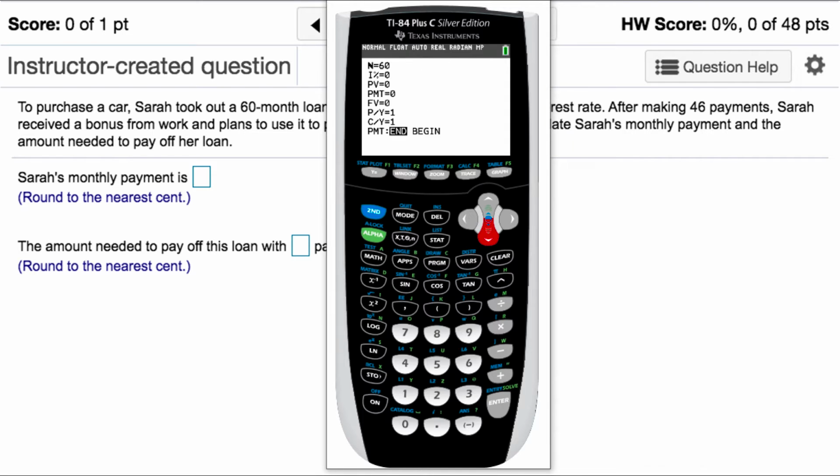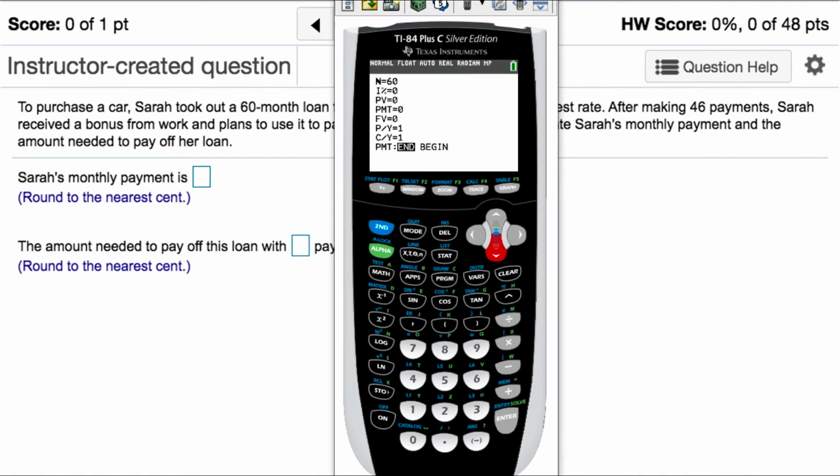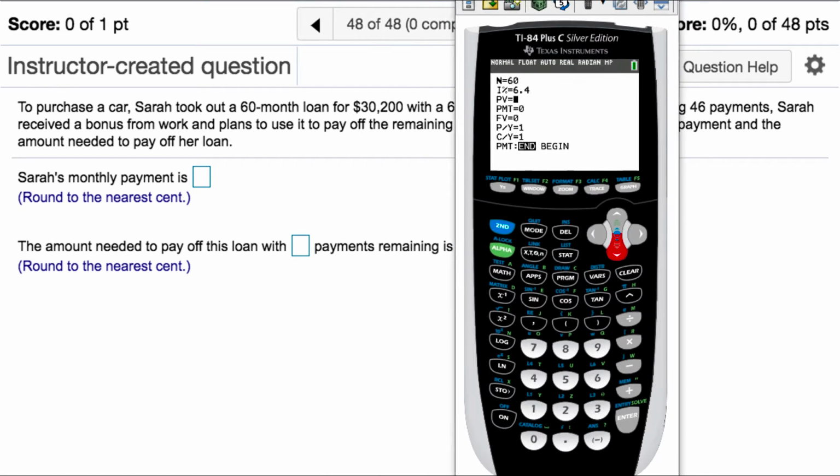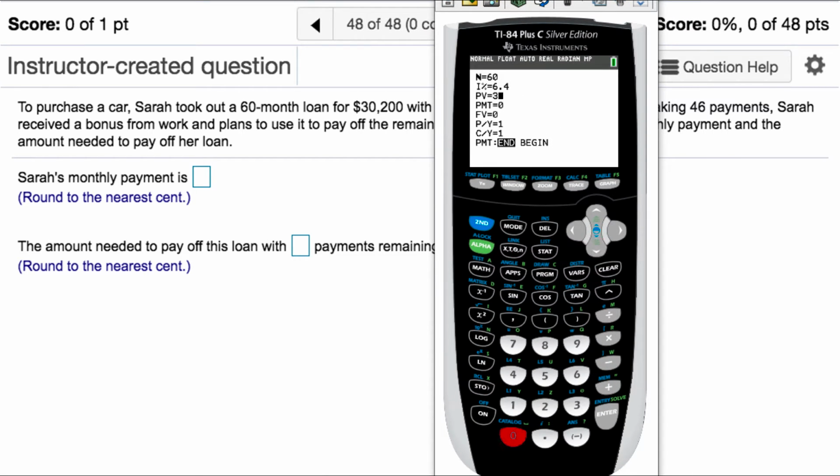All right, then we want the interest rate. That was 6.4%. We want the present value. That's going to be the amount of the loan, in this case $30,200. It tells us that the loan amount is $30,200.